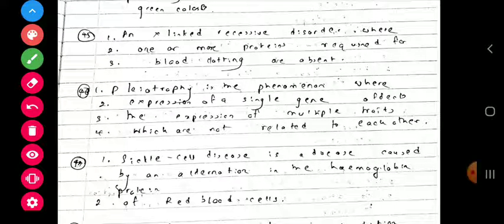The next one, an X-linked recessive disorder where one or more proteins required for blood clotting are absent. So what is that? It's hemophilia, right?